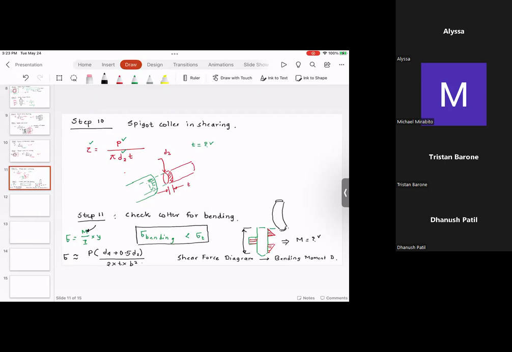And then you have to find out the maximum bending moment, and then substitute the maximum bending moment in equation 11. And once that is done, most of the engineering steps are complete.